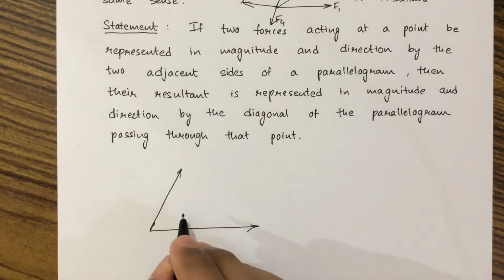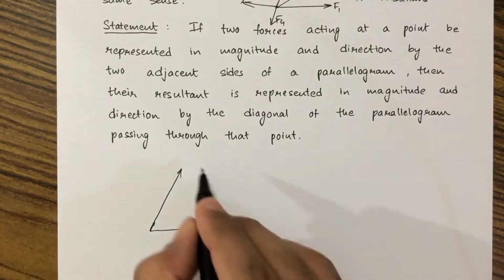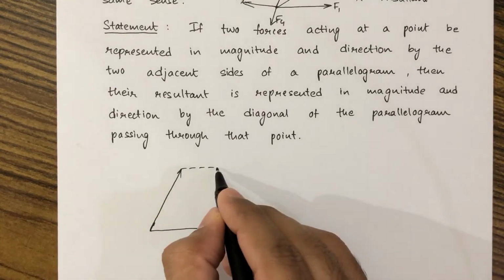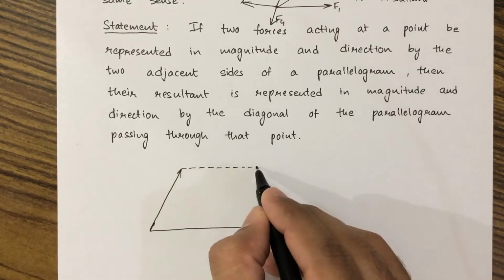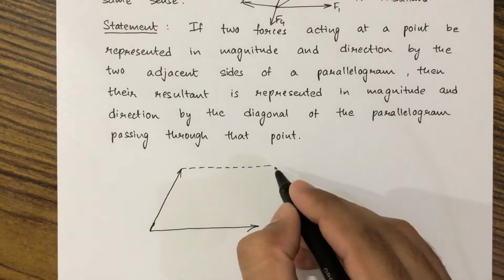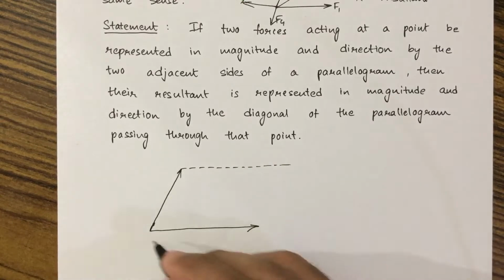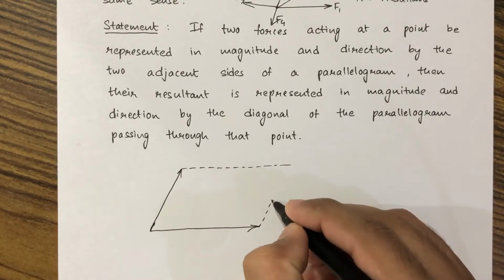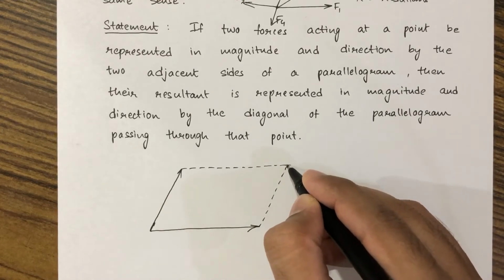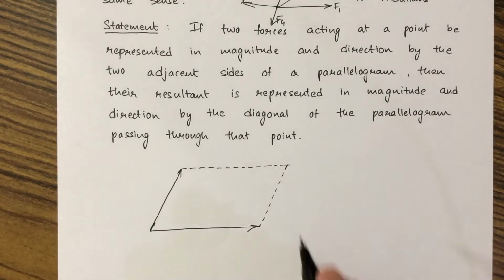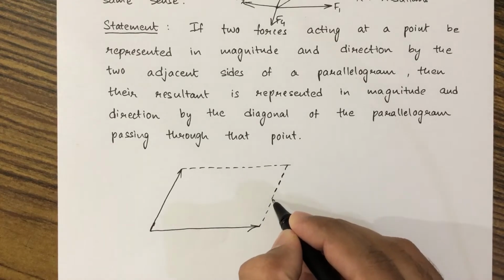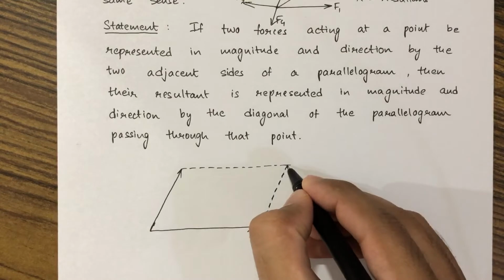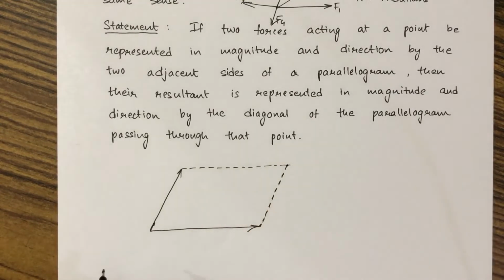Now if we need to construct a parallelogram, we will have to make a line parallel to this line and another line parallel to this line. Fine. So these two lines have been made parallel to each of the adjacent sides and they intersect at this point.